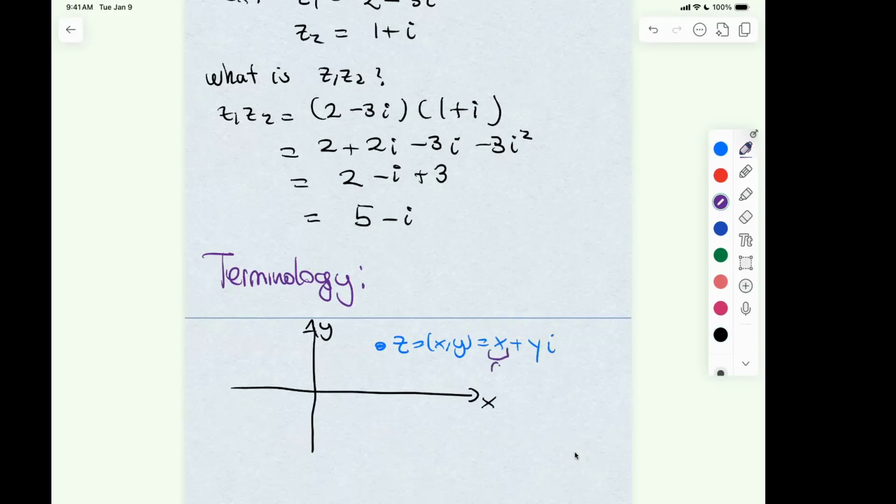So this is called the real part, sometimes written Re of z for real. And then the other one is called the imaginary part. So sometimes it is called Im of z for imaginary.